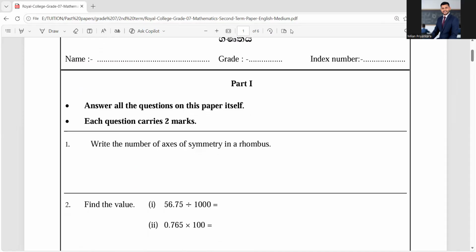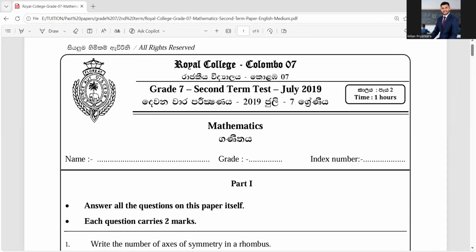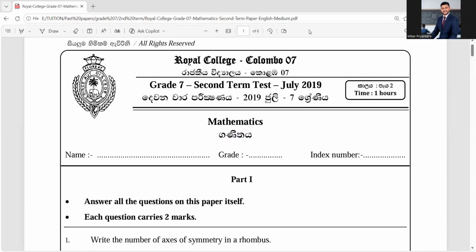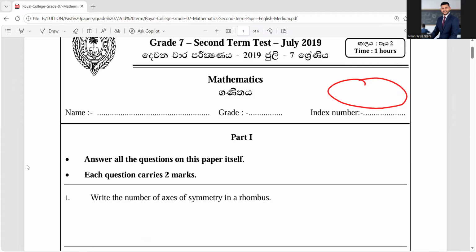And let's start, right? As I always say, before answering any kind of paper, you must read the instructions, especially the time which you have for writing this exam. And you're supposed to read how many questions you are supposed to answer.